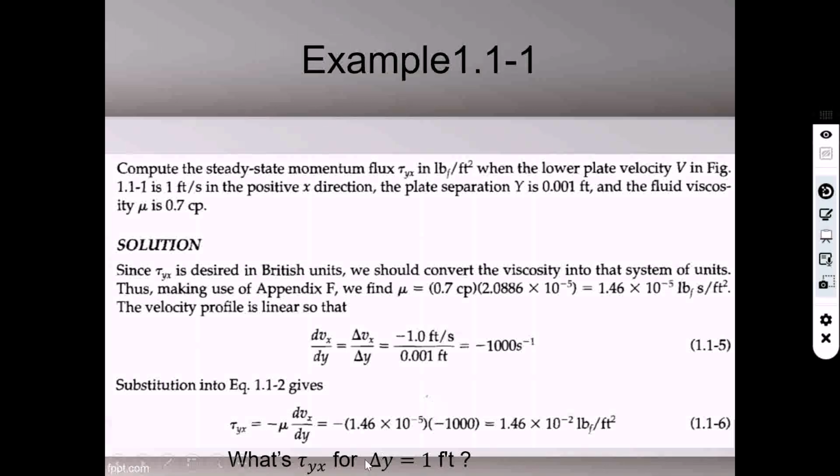And there's one question here: what's the shear stress if delta y becomes 1 feet? Now it's 0.001 feet, and if it becomes 1 feet, what would be the shear stress?